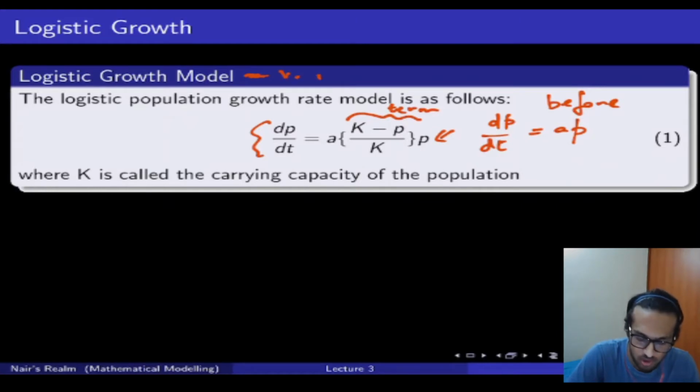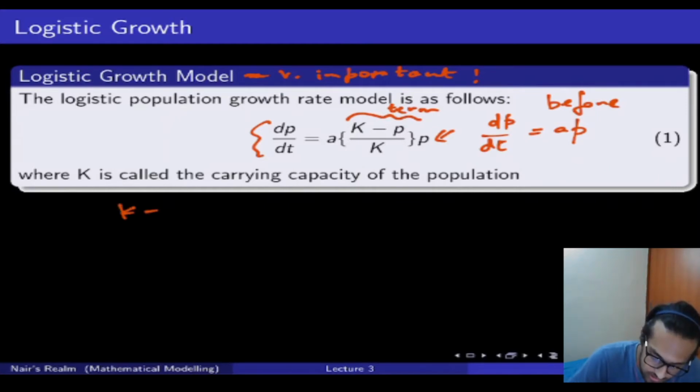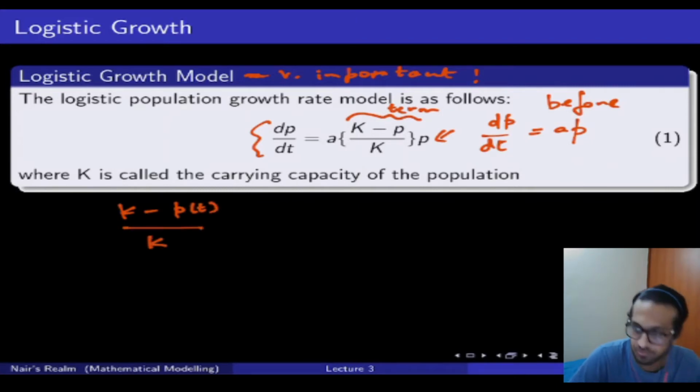This is a very important model because it actually gives us something more like the realistic scenario, and I'll tell you why. So if you think about this term, (K - P(t))/K.